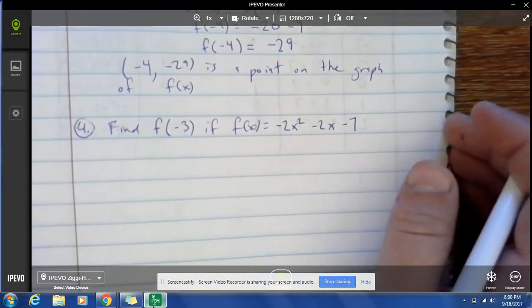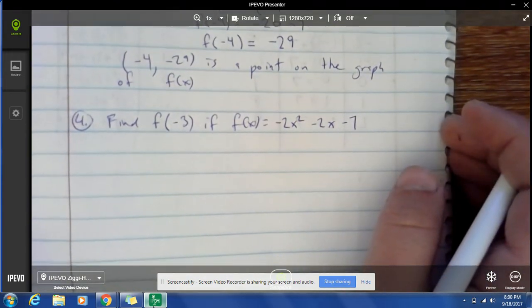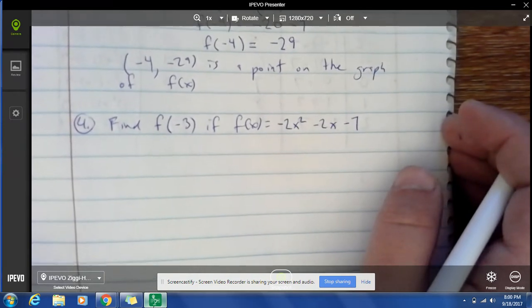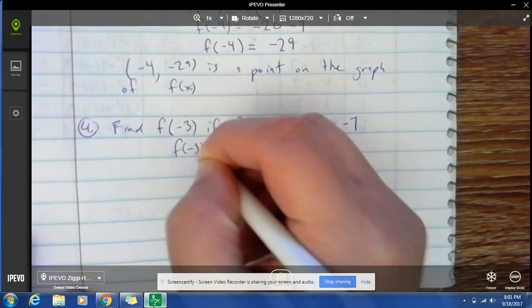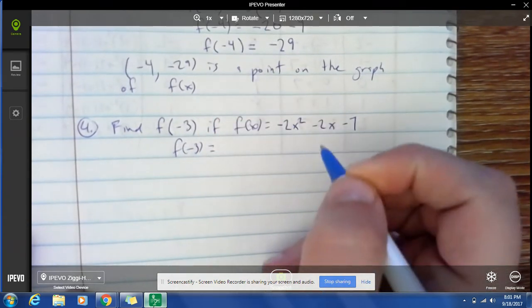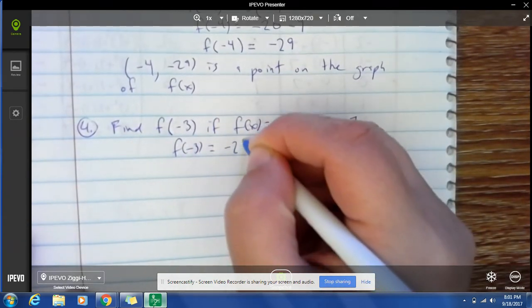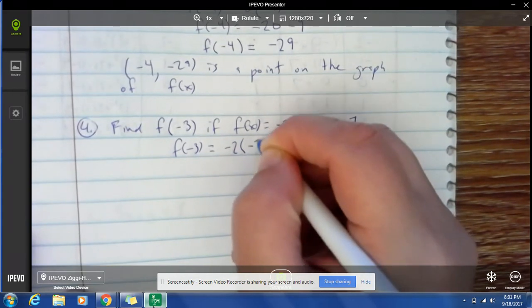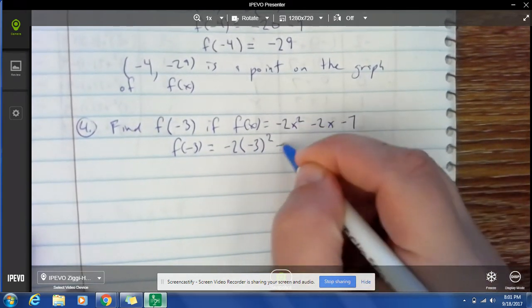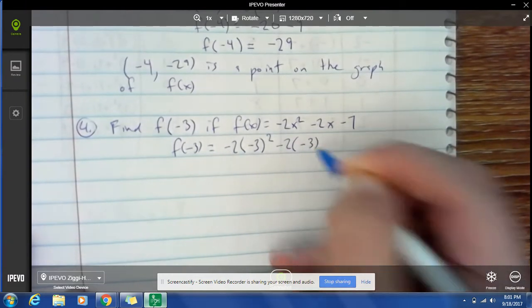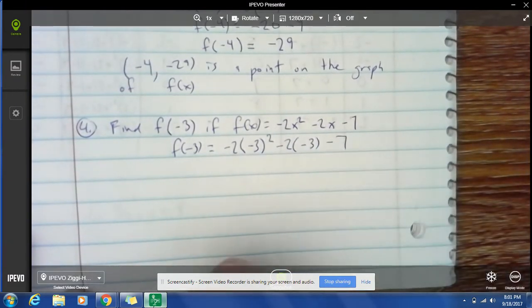So first we're going to do it the long way. So f of -3, and you got to be careful here. -2 parentheses -3 needs to be parentheses with the squared outside. Minus 2 times -3 minus 7.